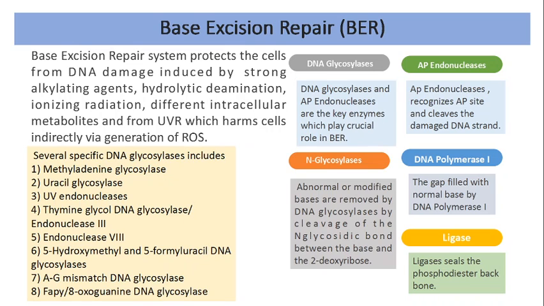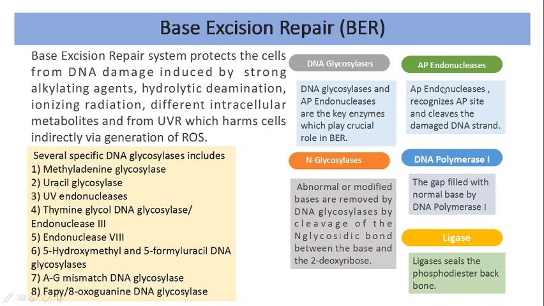By hydrolyzing the N-glycosidic bond between the base and 2-deoxyribose, it does not create any interruption in the phosphodiester backbone. That is the unique feature of this N-glycosylase enzyme. It removes the uracil base without damaging the backbone, leaving an AP site, that is, an apyrimidinic site.